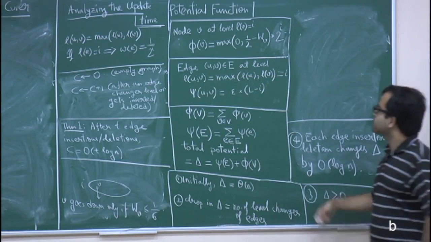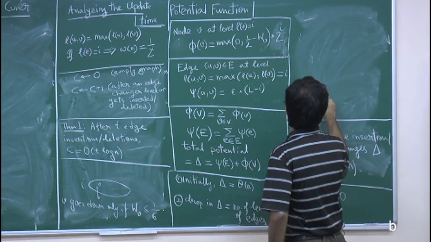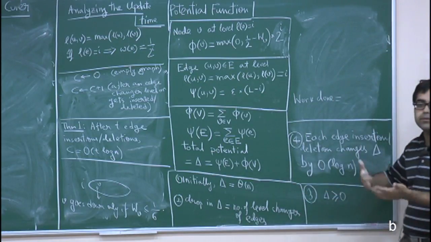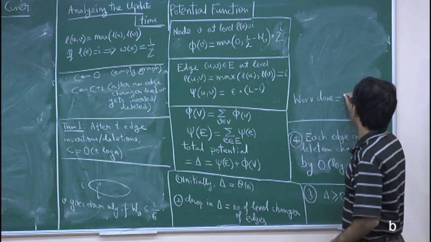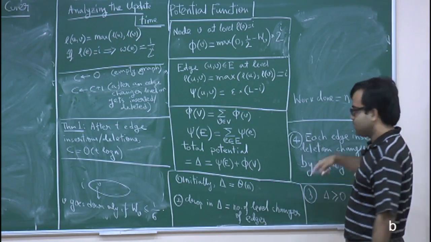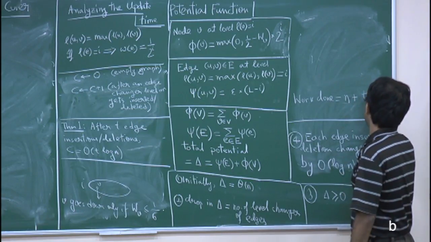So, that means the work done by your data structure can be at most the total amount that was deposited into your account. What was the total amount deposited? It is n, that is the initial balance, plus the total number of deposits during these T edge insertion deletions, this is T log n.